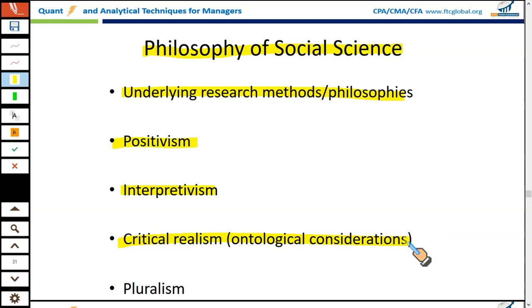Next, it says critical realism or ontological consideration. It means that what we observe is influenced by underlying structures and mechanisms which are not immediately visible. For example, imagine a large company where the employees are unhappy. On the surface, it might seem that they are unhappy because they don't like their jobs.